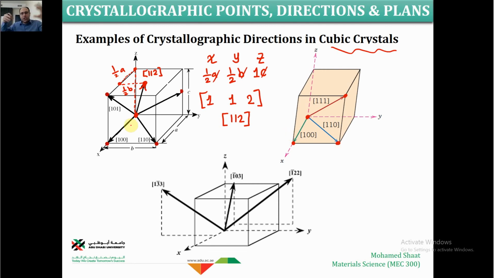So all of them are projected coming out of the 0 point. But the question is, should all the crystallographic directions start from the 0 point? No, it is not necessary. You can define the crystallographic direction between any 2 points, even if none of these 2 points is the 0 point or the origin point of this unit cell.